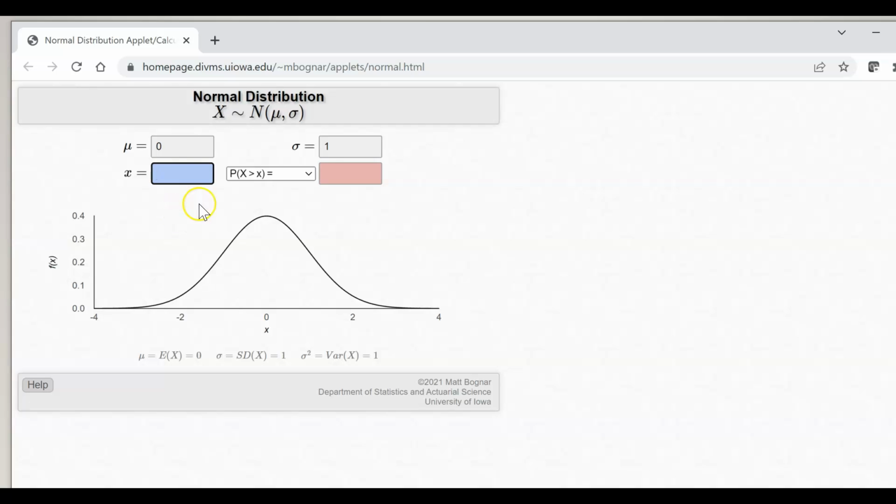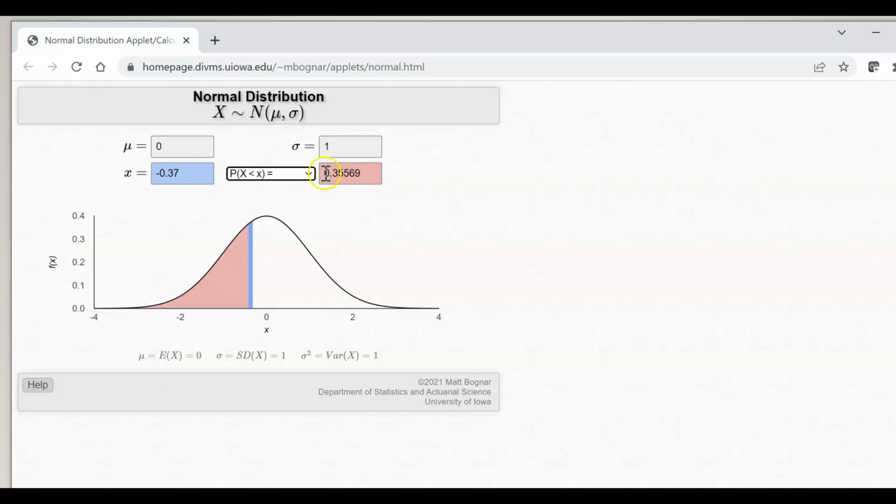If I am interested in the area left of negative 0.37, this is what I'm going to input in there, and I'm also going to put that this is less than. This is almost what we saw in the table: 0.355, and then you can round the 6.9 to a 7.